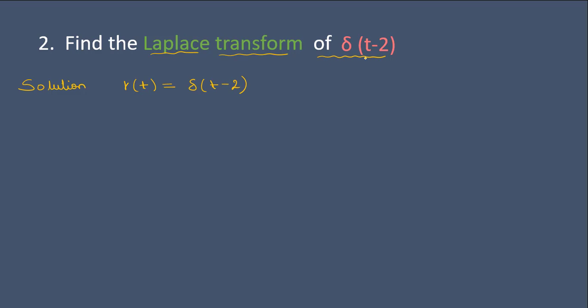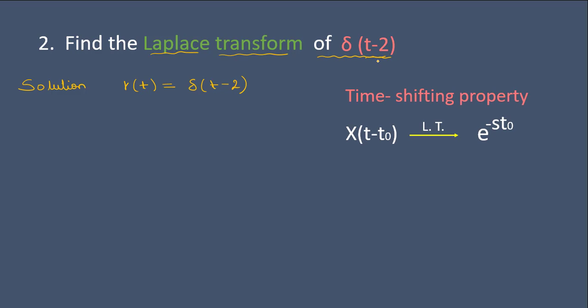Now since there is a time shifting, we can use the time shifting property, and we know x of t minus t naught, time shifting in the t domain, results in an exponential in the s domain with the same sign. So x of t minus t naught has Laplace transform e raised to minus s t naught.